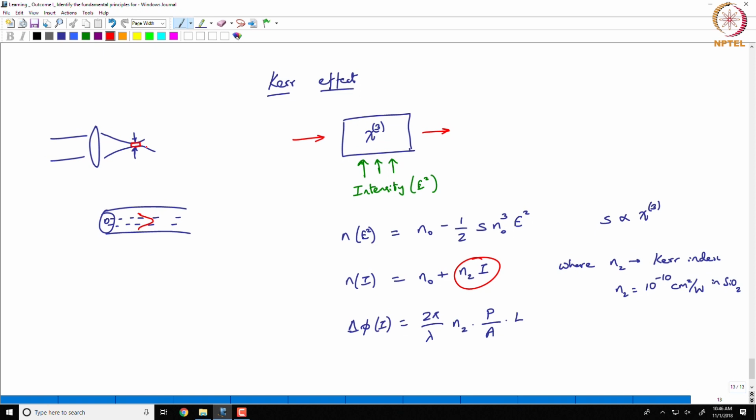But what are we doing as far as an optical fiber is concerned? With this optical fiber, you are just extending this interaction to however long a distance you want to have, right.